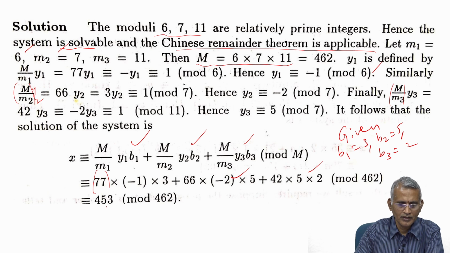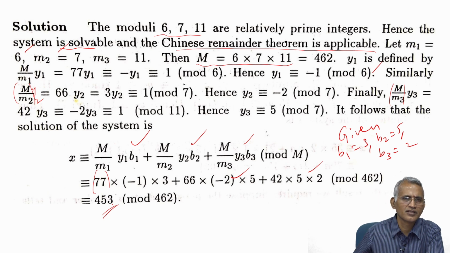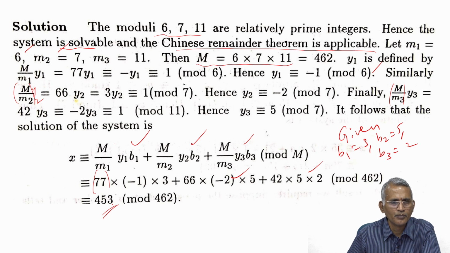So, the resultant of this number is 453 under modulo 462. This way we can find the value of x. Once you substitute the value of x in the given problem, it satisfies the solution.